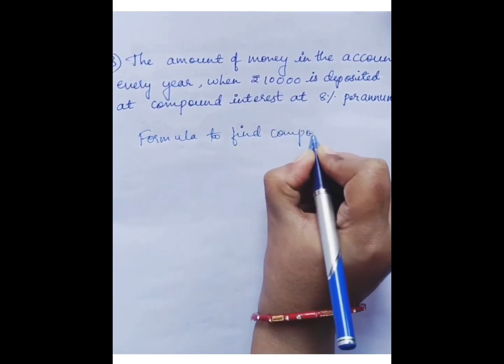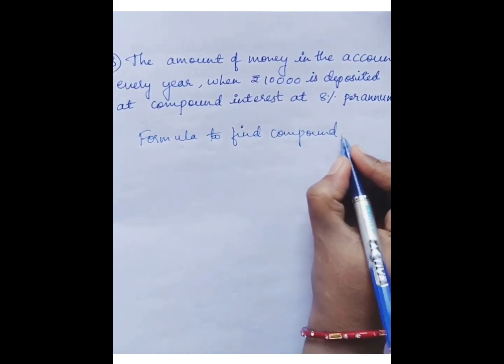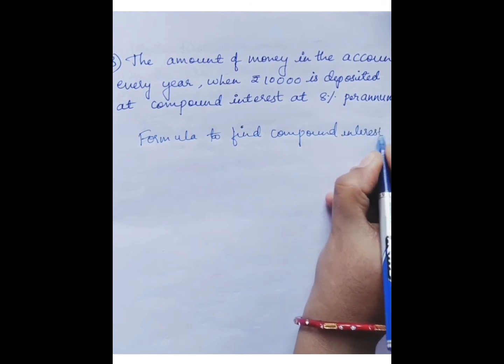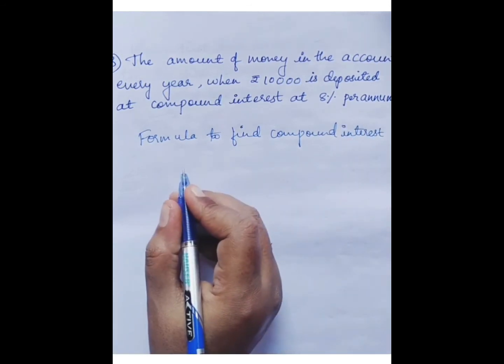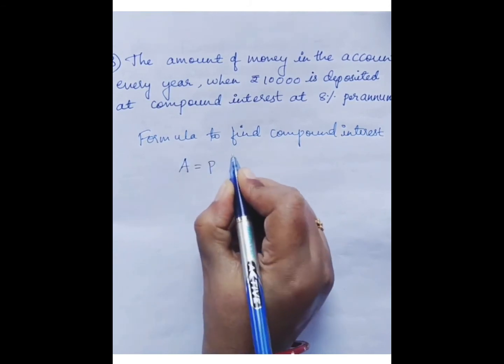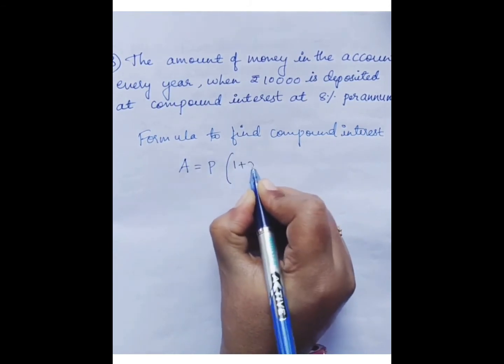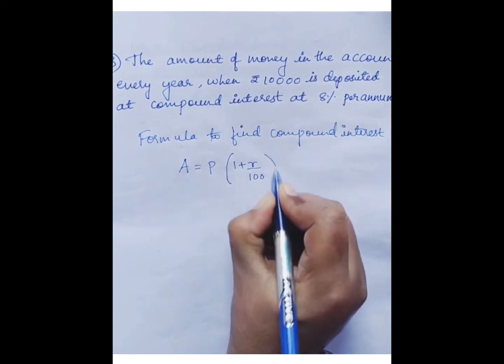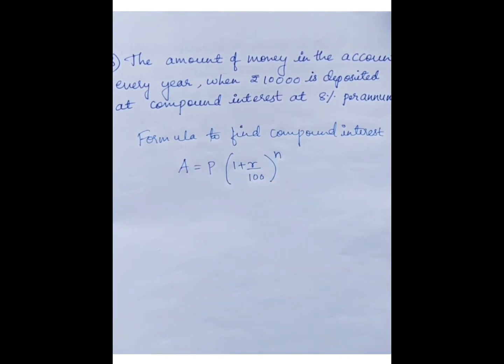What is the formula to find compound interest? A is equal to P in the bracket 1 plus R by 100 raised to N.